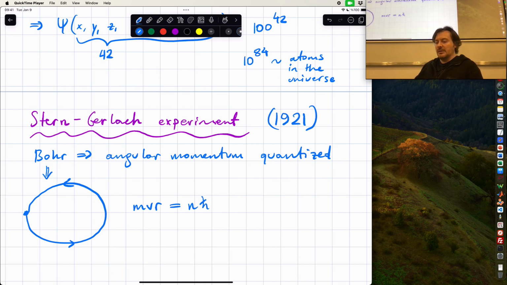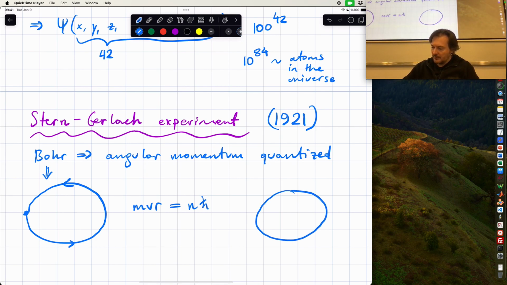So Bohr also realized that there is another implication of this. The implication is that this is a charged particle rotating, so there is a current, right? And when you have a current that rotates, you get a magnetic dipole moment. Do you remember this stuff?